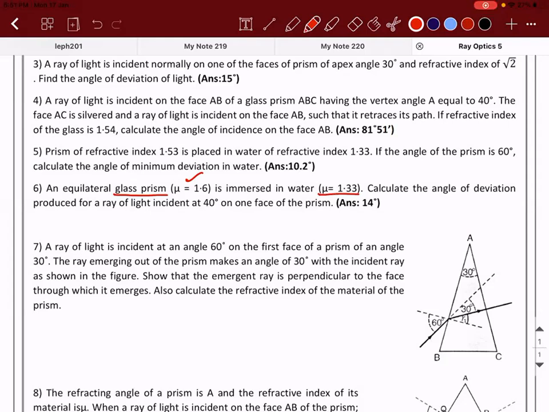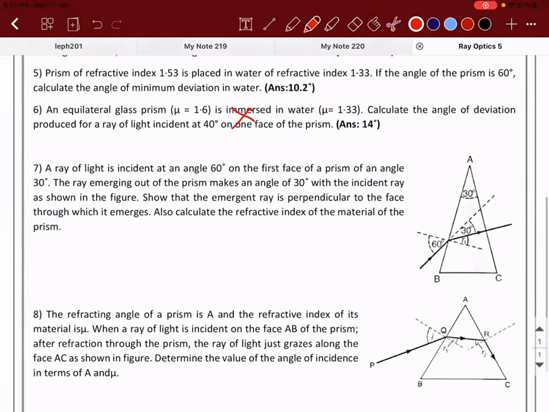Calculate the angle of deviation produced by a ray of light incident at 40 degrees on one face of the prism. So this we can't do for this. Let's leave this. Let's try seventh.